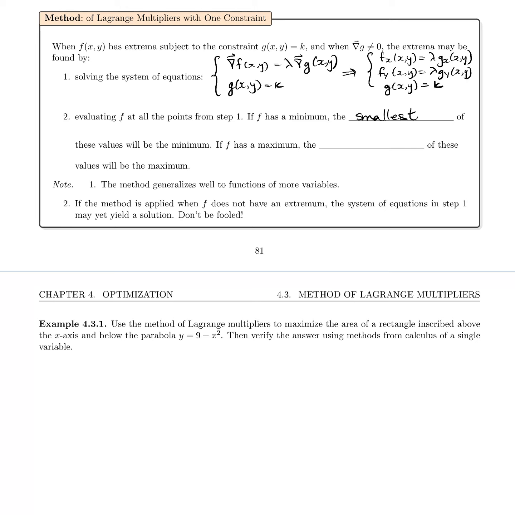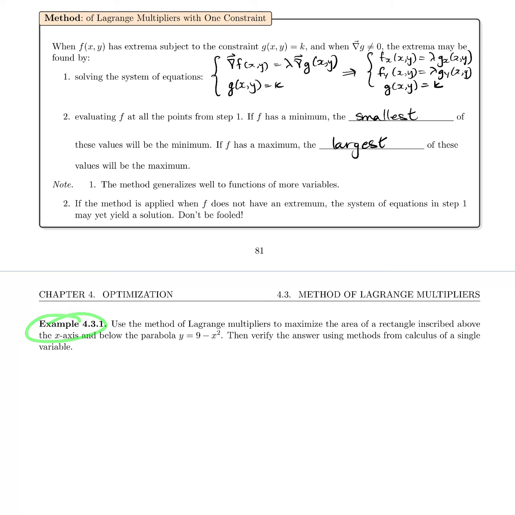And if f has a maximum, then the largest, the maximum. If f does not have extrema, this system of equations might still have a solution, and that solution can fool us into thinking that it's a maximum or a minimum. Don't be fooled. Second, this method generalizes well to functions of more variables, so we can do the same thing when f is a function of 3 variables or more.